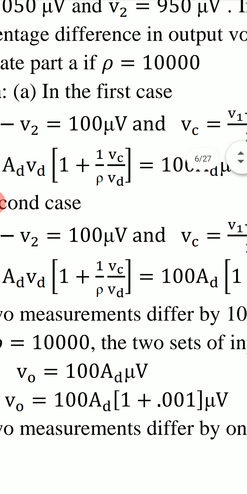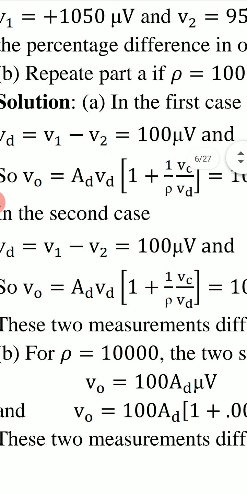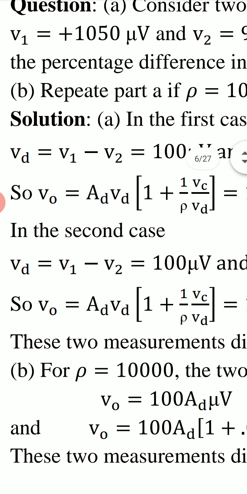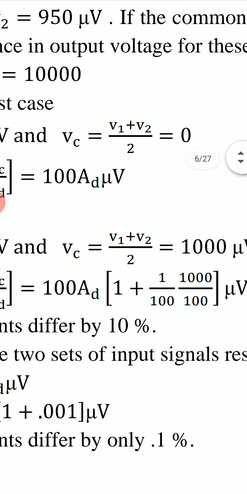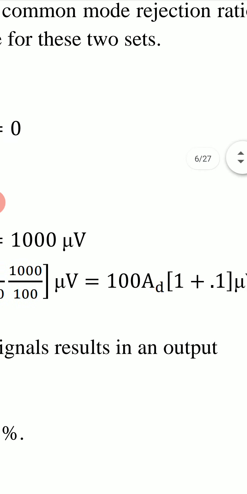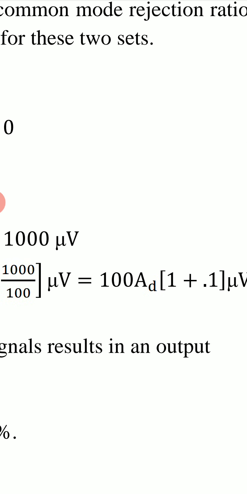Substituting these two values in the relation Vo equal to Ad Vd into 1 plus 1 upon rho Vc upon Vd, we get the output voltage Vo equal to 100 Ad into 1 plus 1 upon 100 into 1000 upon 100, that is equal to 100 Ad into 1 plus 0.1 microvolt.